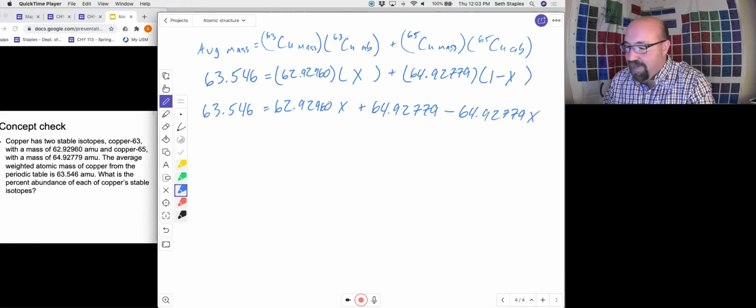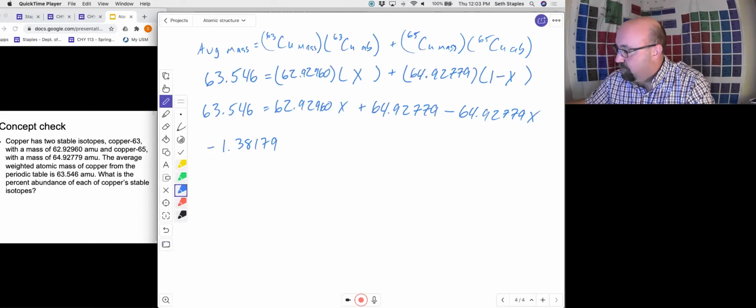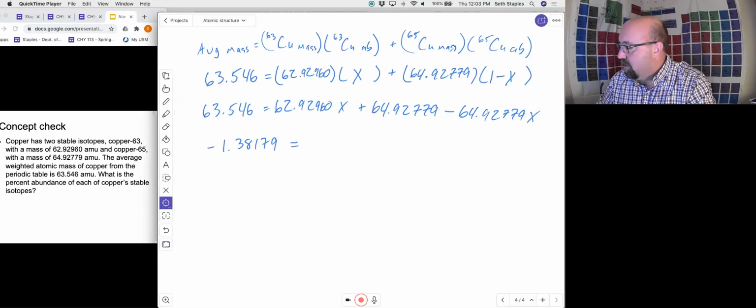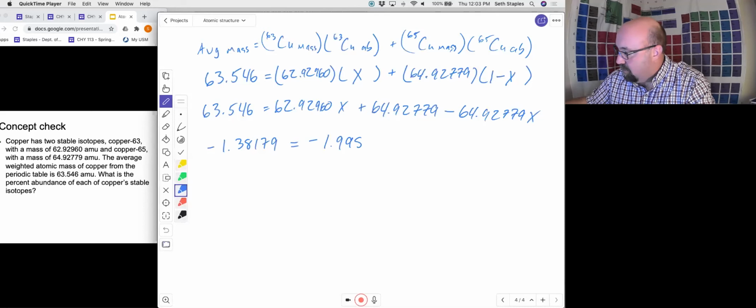And so when we do that, so we subtract our 64.92779 from both sides, we get negative 1.38179 equals, and we've subtracted our x terms from each other here. So we've done that subtraction, and that's going to equal negative 1.99819x.